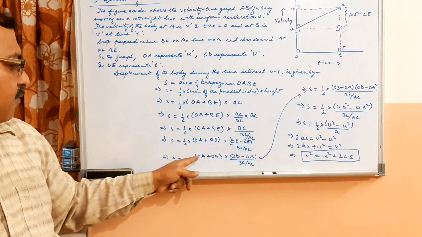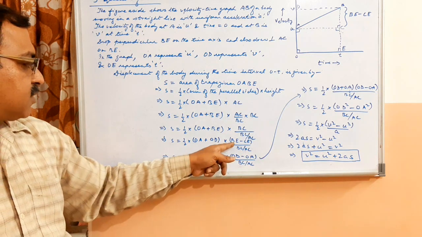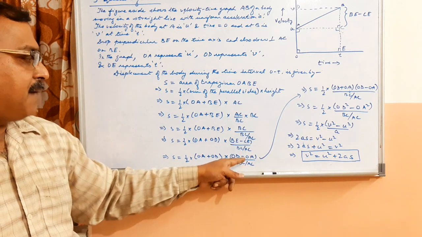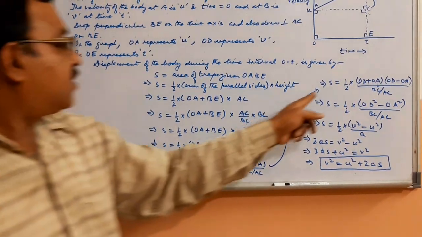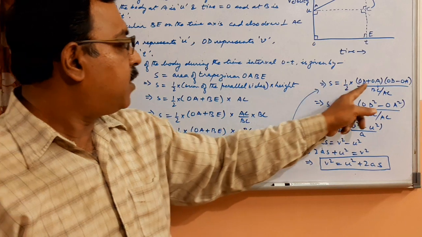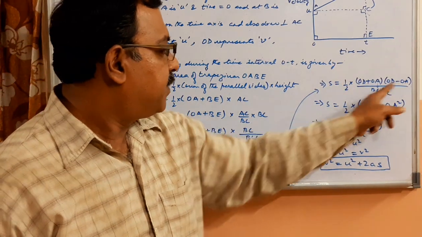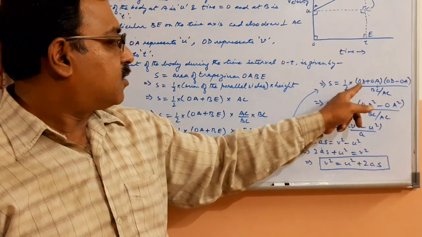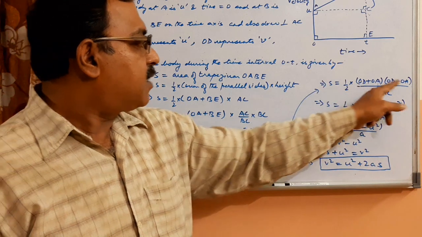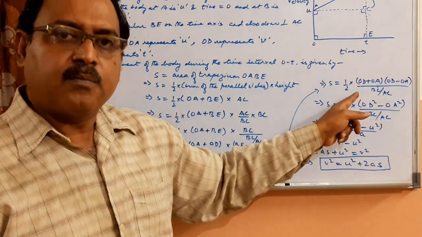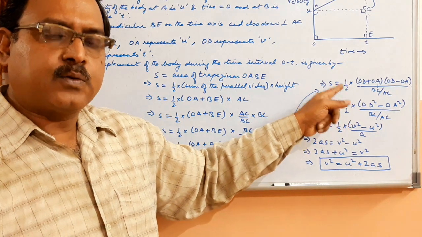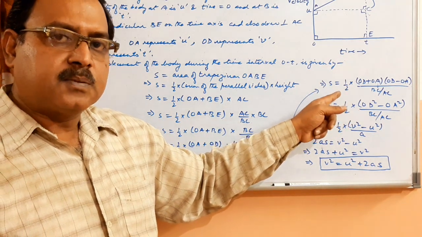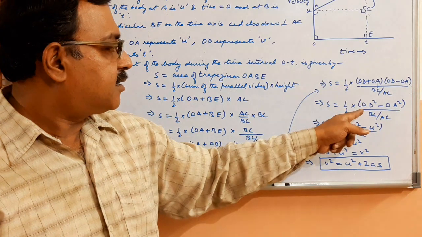So S is equal to half of OA plus OD into, in place of BE I am writing OD, in place of CE I am writing OA, divided by BC by AC. So this comes to S is equal to half of OD plus OA into OD minus OA, divided by BC by AC. So this is what? A plus B into A minus B is A square minus B square. You know the formula? I think in algebra you have done. A square minus B square equals A plus B into A minus B. From that formula we are getting this.